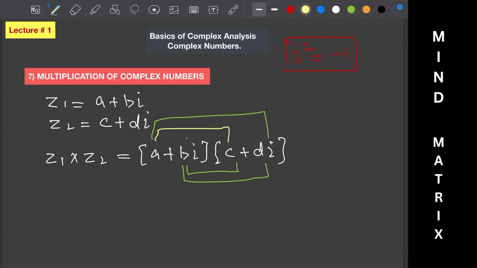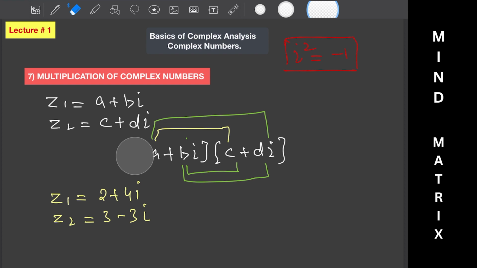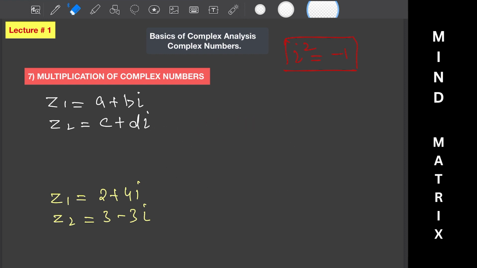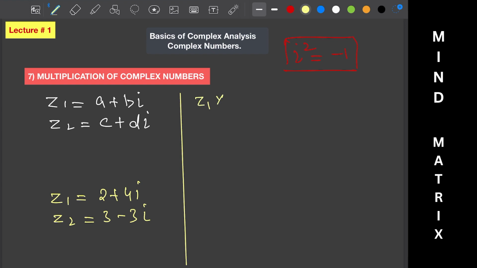Let's say we have two complex numbers, z1 equals 2 plus 4 iota and z2 equals 3 minus 3 iota. Now we need to find the multiplication of these two complex numbers. So z1 cross z2 equals 2 plus 4 iota times 3 minus 3 iota.